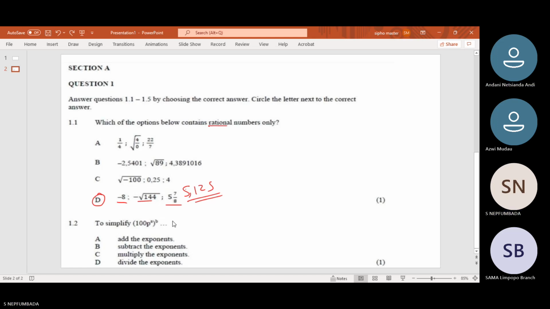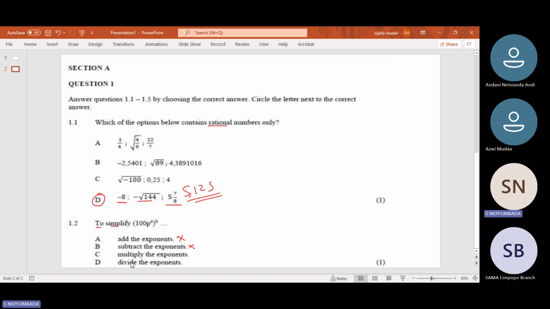Okay. So they say to simplify 10, 100 p squared to the power b. What do we do? Do we add the exponents? No. We add the exponents when we are multiplying things that have the same base. Do we subtract the exponents?